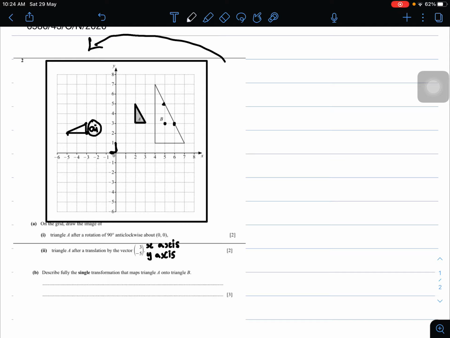Once you look at the minus 5, that is the y-axis translation, you will realize that you move 5 places downwards because it is minus.